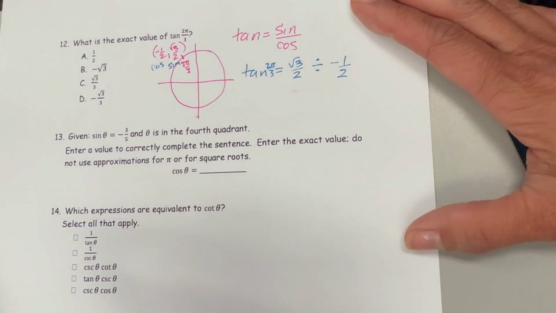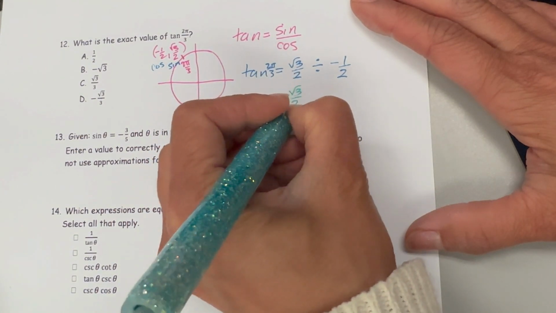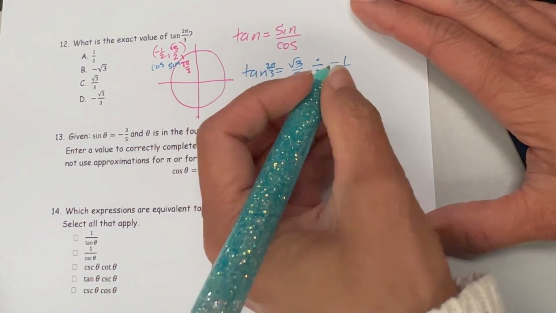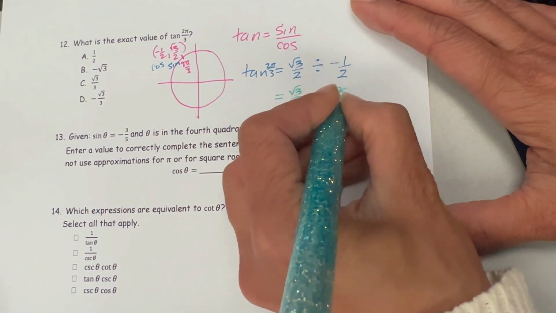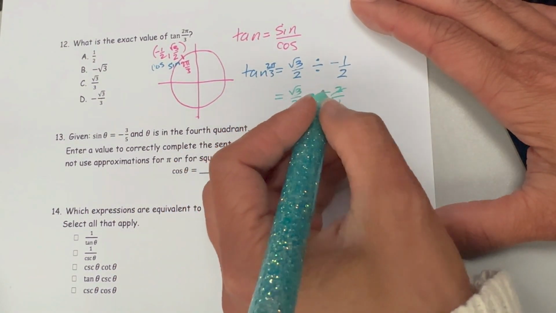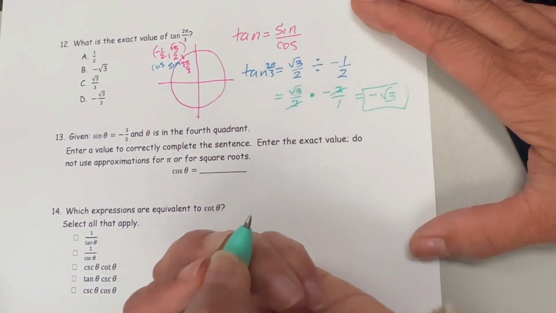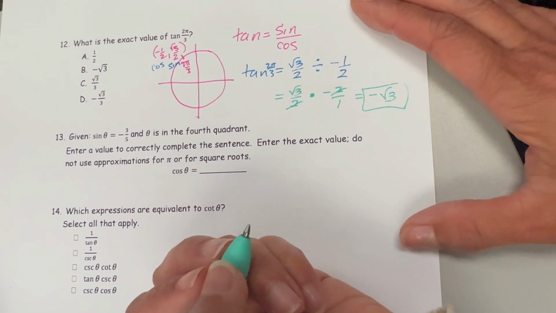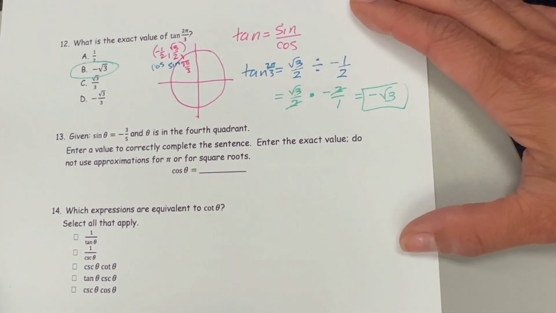You flip the second and multiply. So square root of 3 over 2, convert to multiplication by flipping the second fraction. The 2's are going to cancel, and I have square root of 3 times the negative, so that's a negative square root of 3. So that is my tangent of 2 pi over 3. So B is the correct answer.